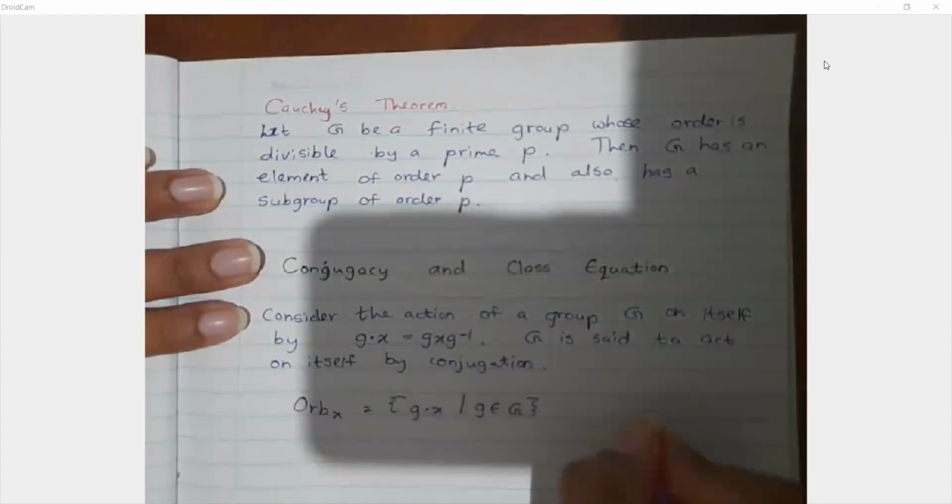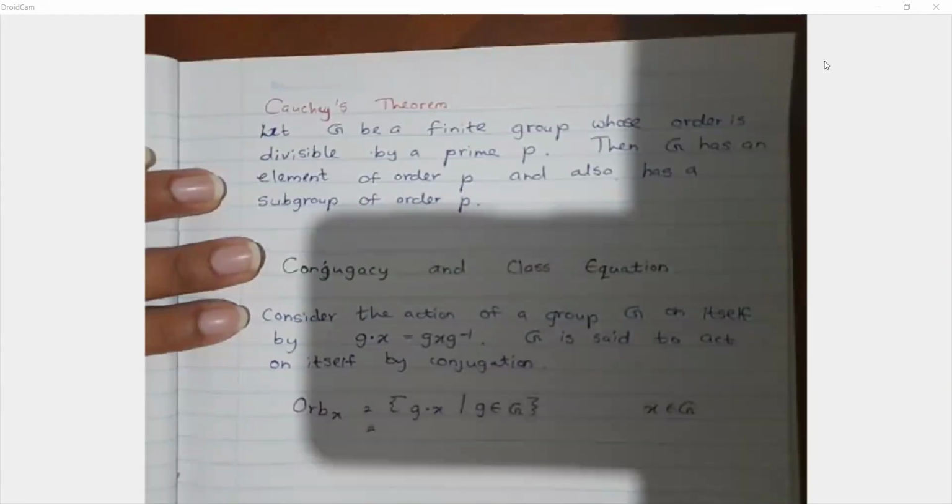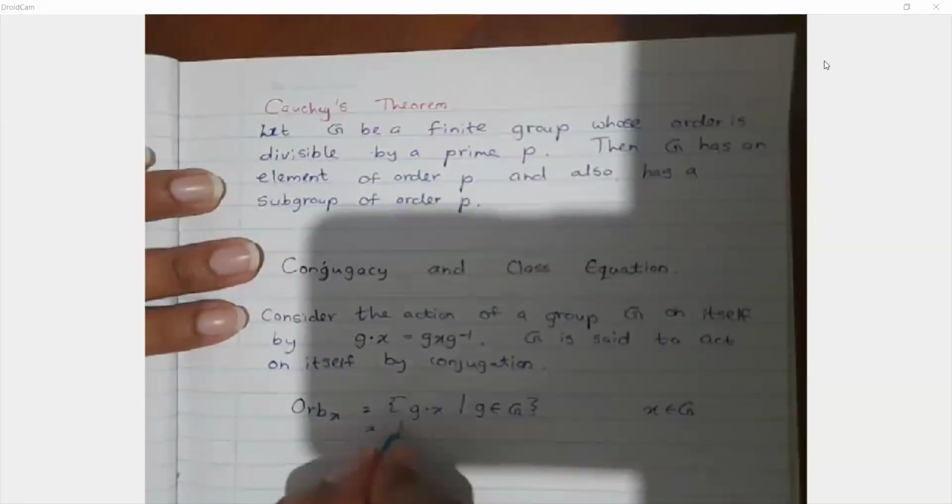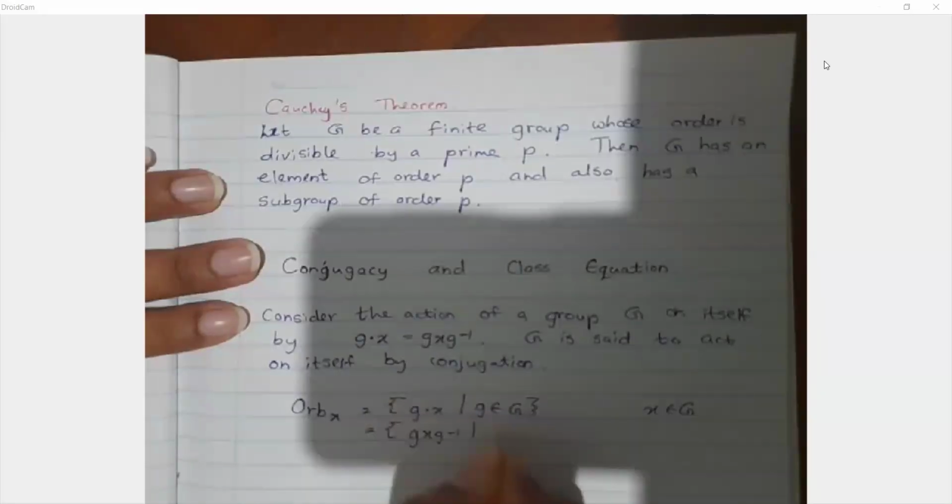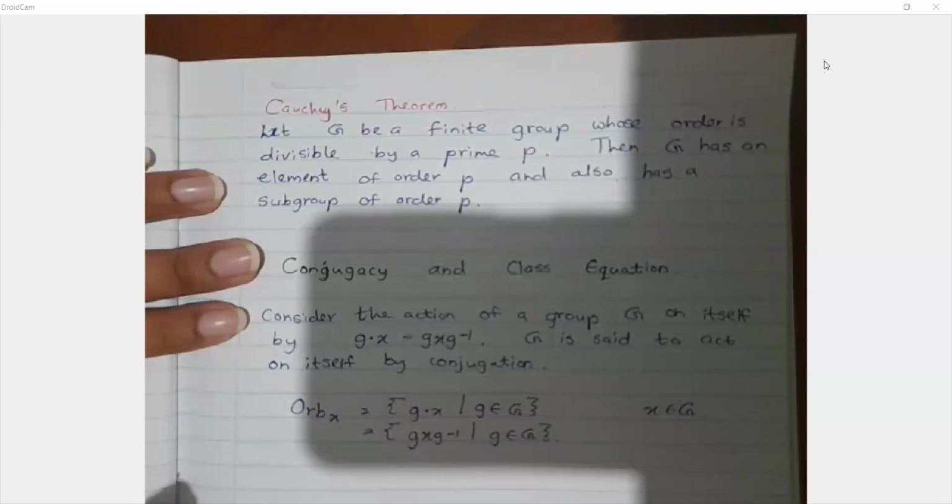Now observe that x is also an element in G because this action is on itself. And g dot x by definition is simply g x g inverse, right? Now these orbits of elements of G are what we call conjugacy classes.